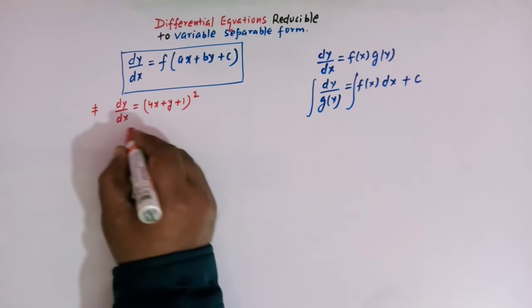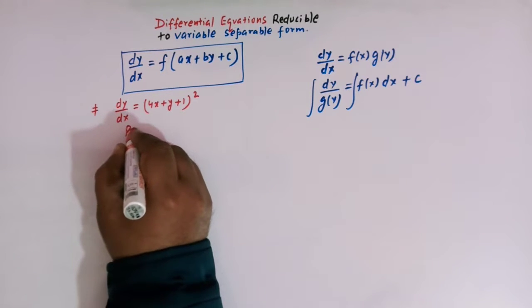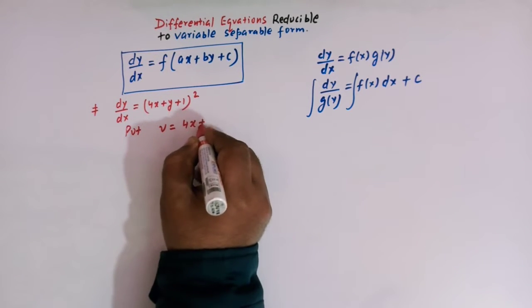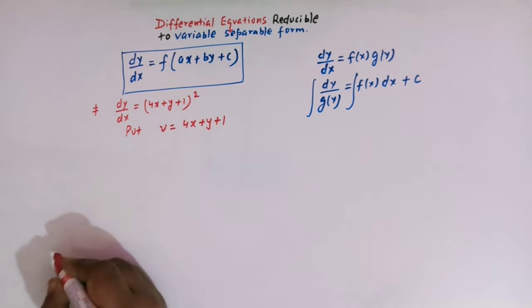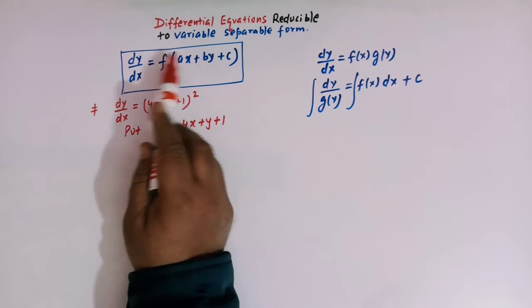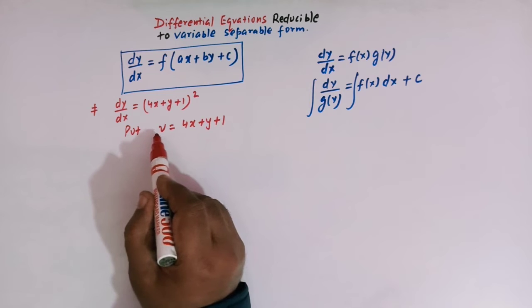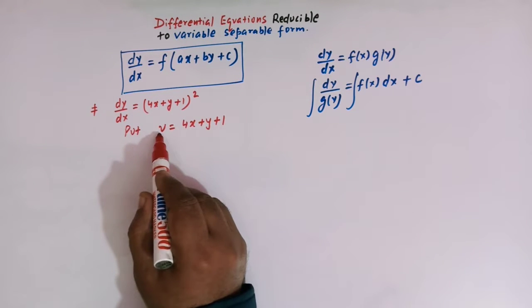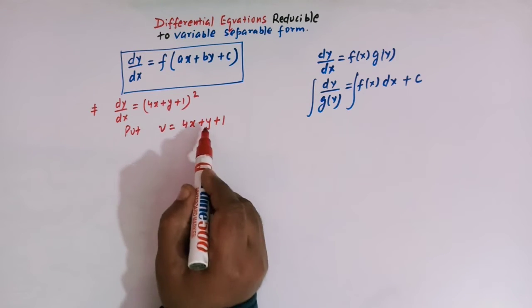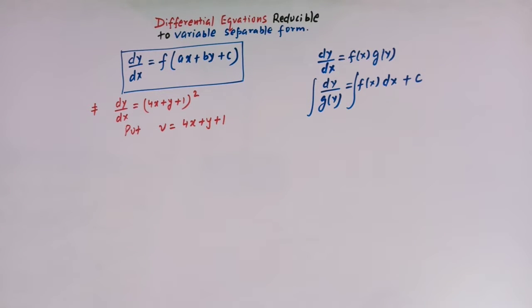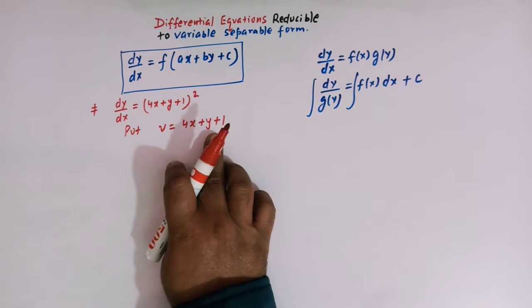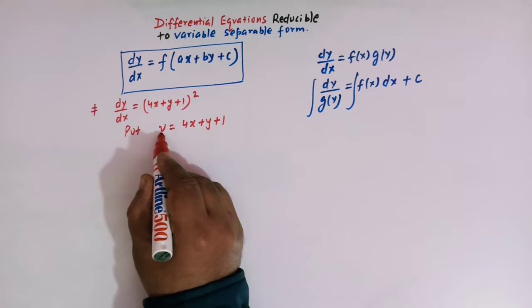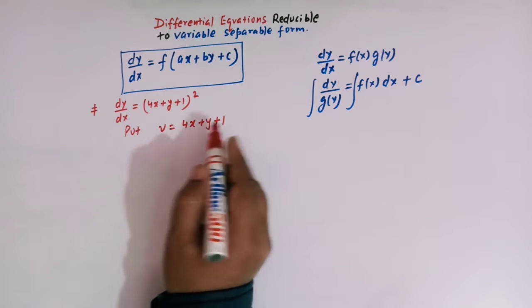So we will take v is equal to 4x plus y plus 1. Whenever we come across these types of differential equations, we simply take this term as v. Here v is a function of both x and y.